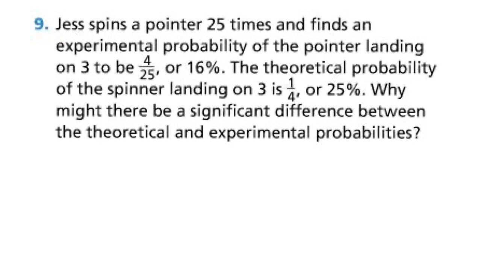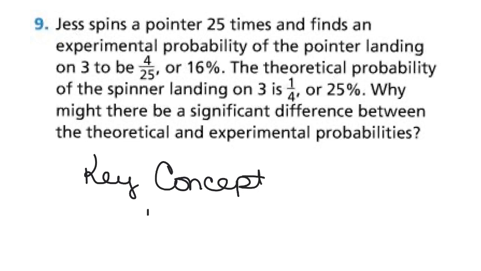Okay, this goes back to the key concept on page 370. The last sentence tells us that the experimental probability tends to get closer to the theoretical probability of an experiment as more trials are conducted. So, why might there be a significant difference? It looks like Jess needs to conduct more trials.